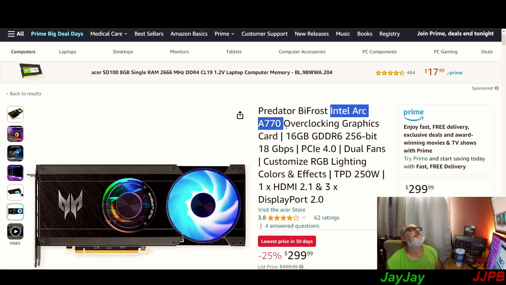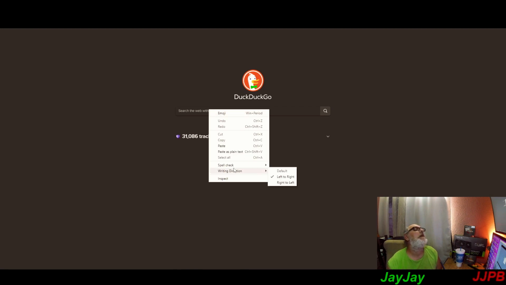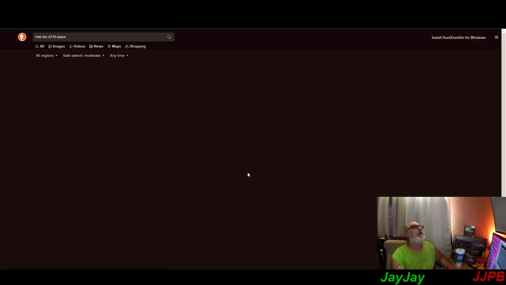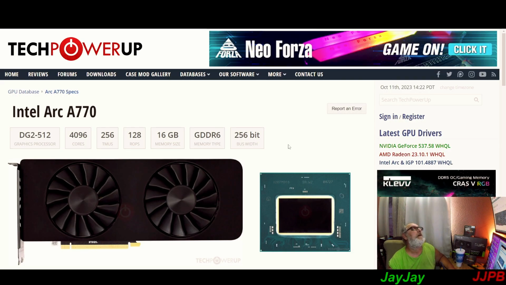Let's say we just do one more little guesstimate. Okay, let's go ahead and go right here. Let's paste it, and let's see the specs, just to clear my head on whether it's a good card or not.